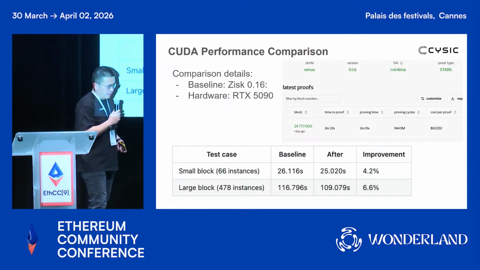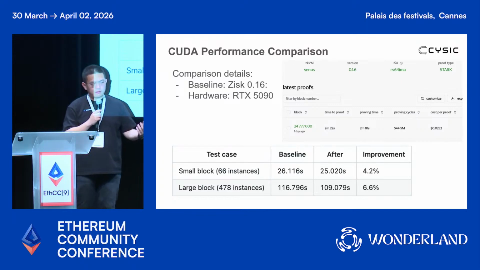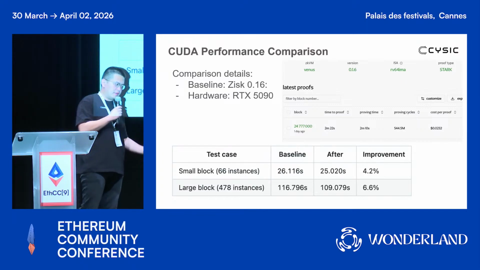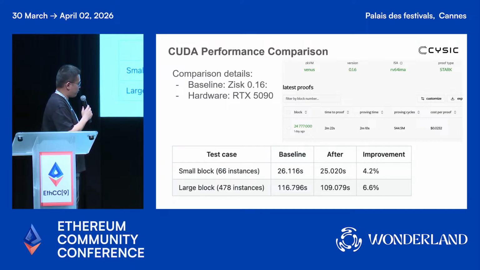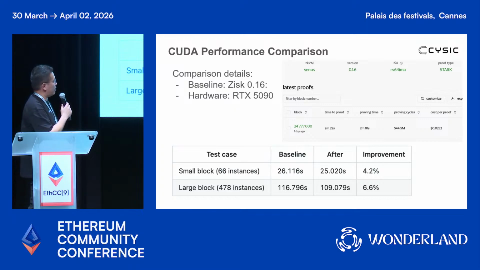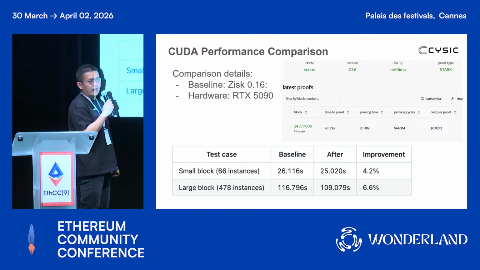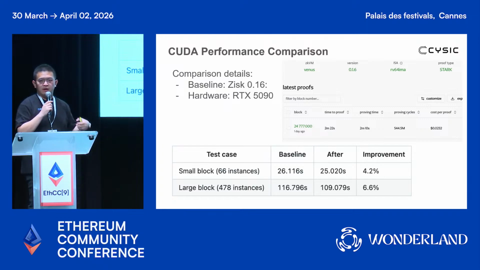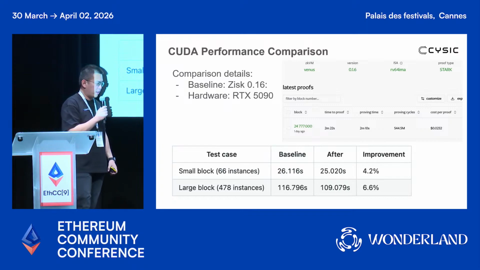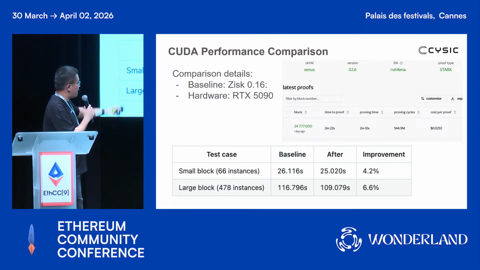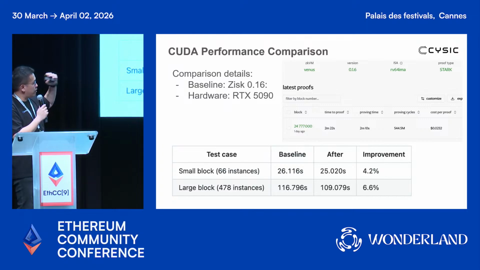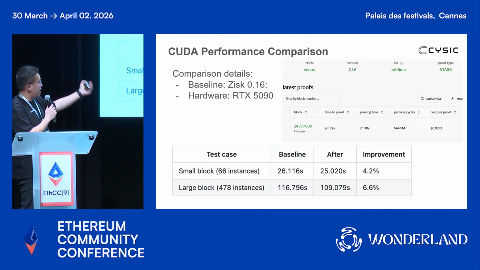So here is a result. Our system is built on Zisk, the latest version of which, I remember, is 0.16. The comparison right now is done on a 5090 GPU card. Last week the improvement was 6%, but right now we are improving it; it's almost 10% for now, and the code is also on ZKVM-benchmark.